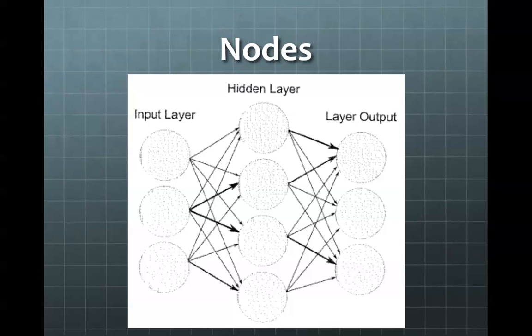Now, there's this hidden layer in the middle here, and this hidden node layer takes inputs from several input nodes, as shown on the left, and uses a transfer function which determines the output. This is where the weight of the nodes comes into play, as the transfer function pays more attention to the nodes with higher weights.